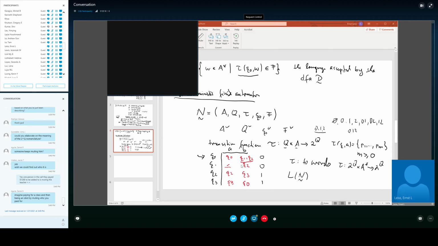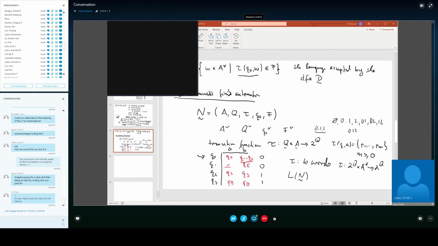Because all you have to do is pretend that this non-deterministic finite automaton, where every entry is a single state, is a deterministic finite automaton, and that shows you that whatever you can do with the deterministic finite automaton can also be done with the non-deterministic finite automaton.